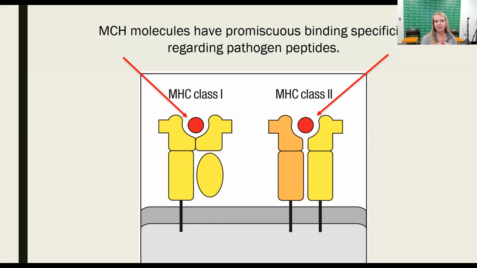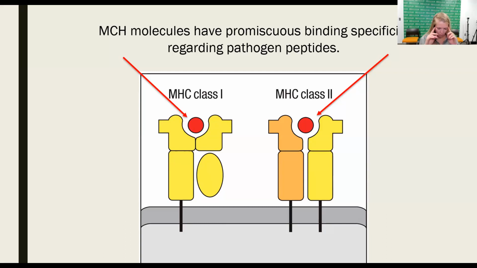They don't have strict specificity for the tiniest little bit, but rather they will bind intracellular pathogen if it's MHC class 1, extracellular pathogens if it's MHC class 2, but really it's just going to grab some protein from those different spaces and present it. The protein fits, it sits, kind of like a cat in a box, right? It's not highly specific. So it's promiscuous in its binding. And that's great because we only have a few MHC molecules to pick from across our repertoire of cells.